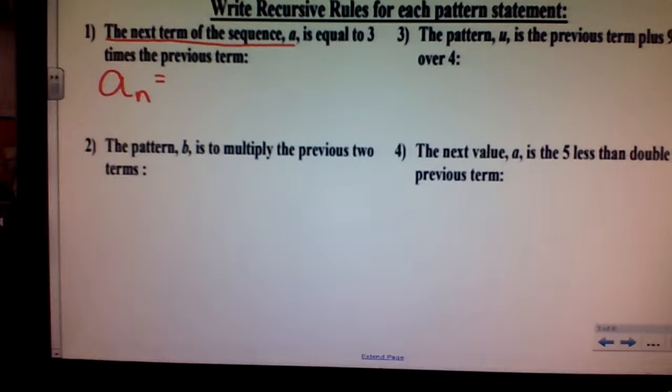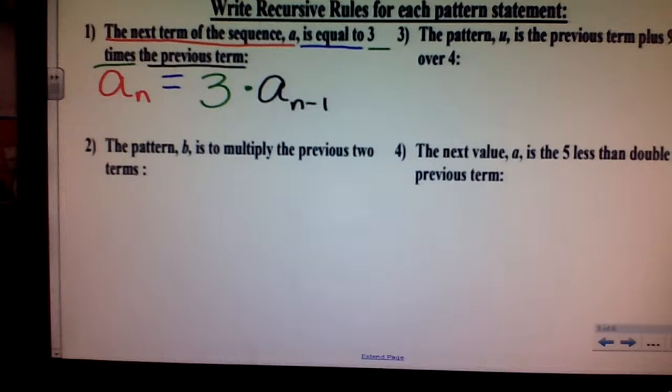Then it says is equal to 3 times the previous term, so A sub N minus 1. Got it. They want me to go backwards by 1. Can I flip those, like A sub N minus 1 times 3? Absolutely. It's the same thing.